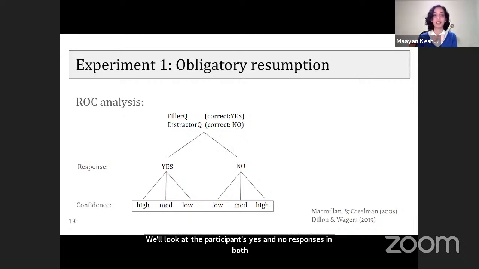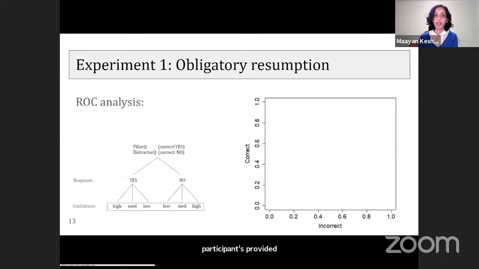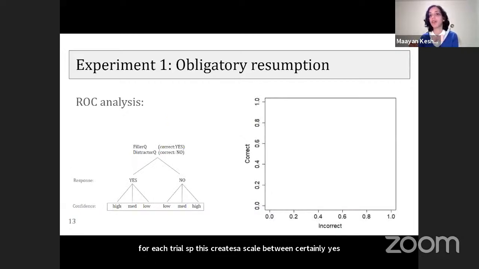And this creates a kind of scale between certainly yes and certainly no. And for each response plus confidence pairing, we will plot its proportion out of all correct responses on the y-axis and the proportion out of all incorrect responses on the x-axis.